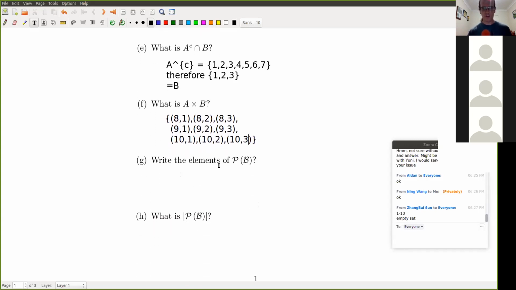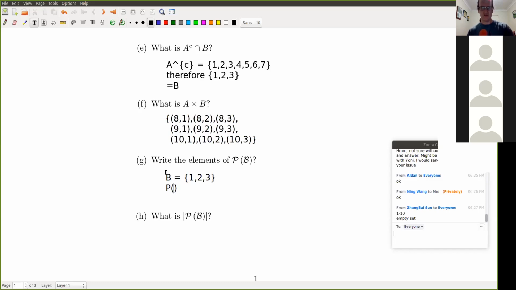Hopefully the notation didn't throw you. This is the power set of B. Remember, the power set is the set of all subsets. So B equals {1, 2, 3}.